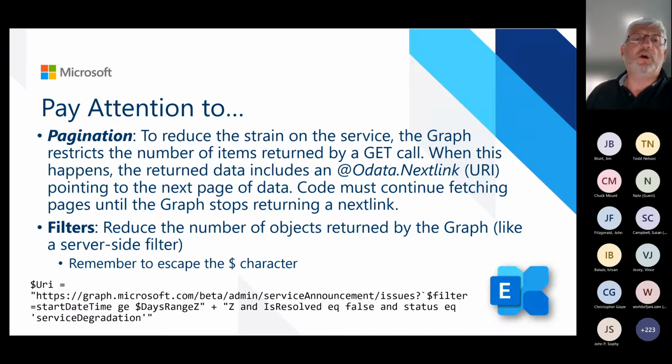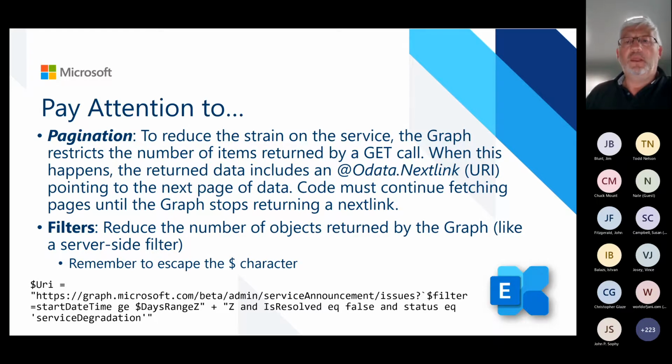Your code has got to be watching for that and says, okay, there's a next link here. And because there's a next link here, I've got to use that to get to the next page of data and continue doing that until no more next links are returned. That's basically how you deal with pagination. Again, that's a good reason for going out to the web and finding a function that handles all this and using it.